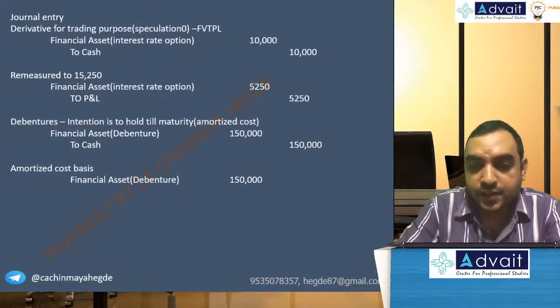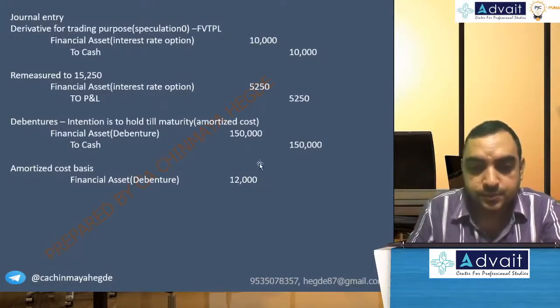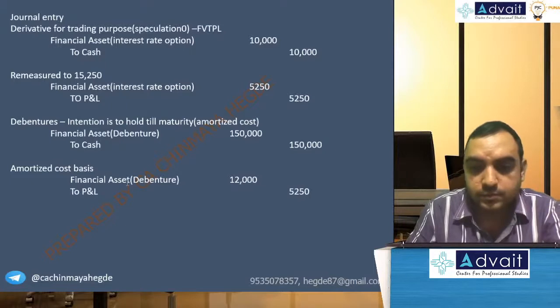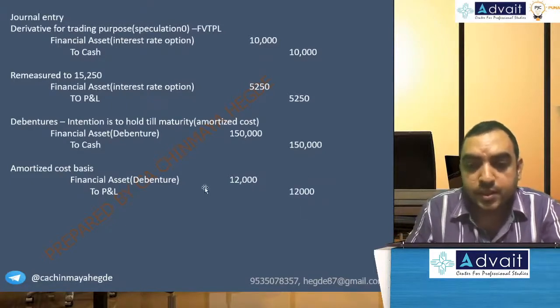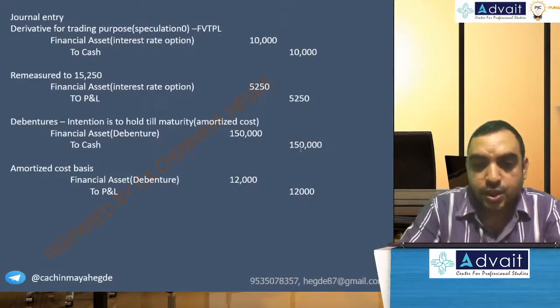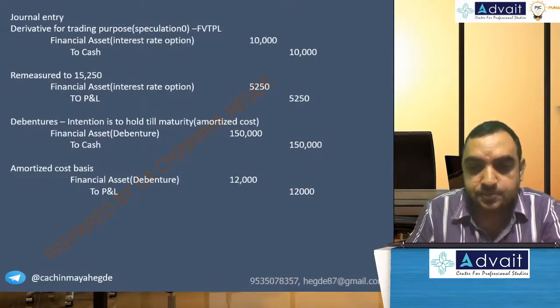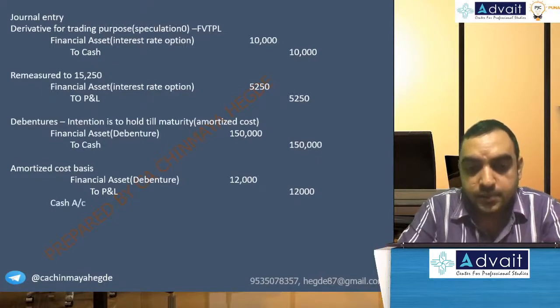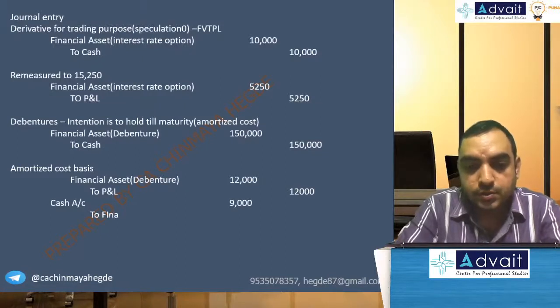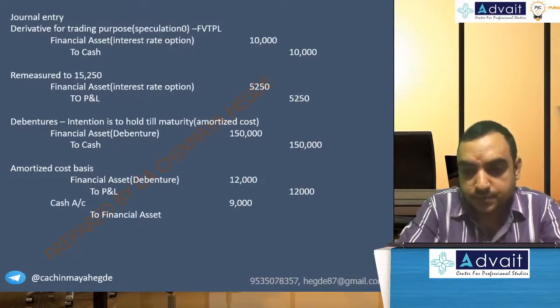So 8% on 1,50,000 means it becomes 12,000 to P&L, 12,000. And you receive coupon, which will be transferred to the cash account. You receive coupon at the rate of 6%. Then cash account debit, 9,000 to financial asset. The coupon receipt, 9,000.